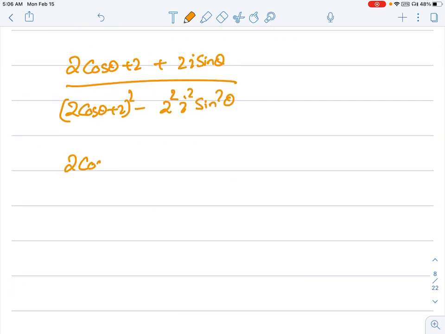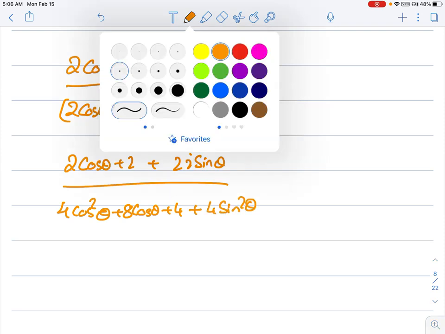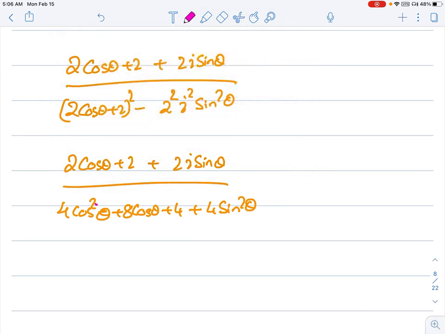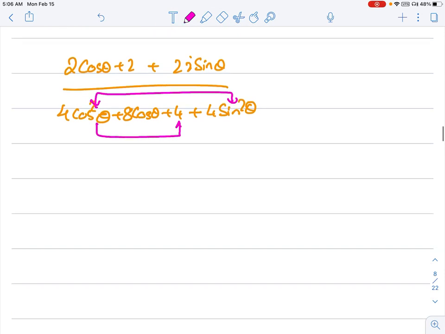So it becomes 2 cos theta plus 2 plus 2i sin theta divided by 4 cos square theta plus 8 cos theta plus 4 sin square theta. i square is minus 1, so plus 4 sin square theta. 4 cos square theta plus 4 sin square theta will become 4. That 4 and this 4 will add up to become 8.